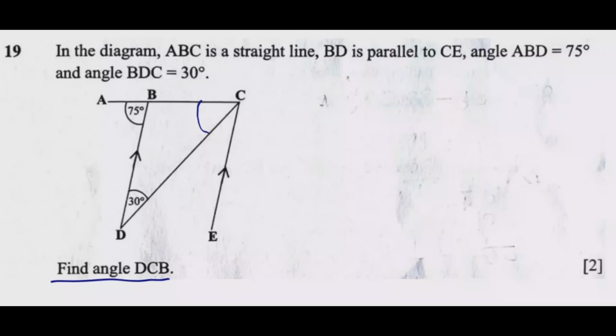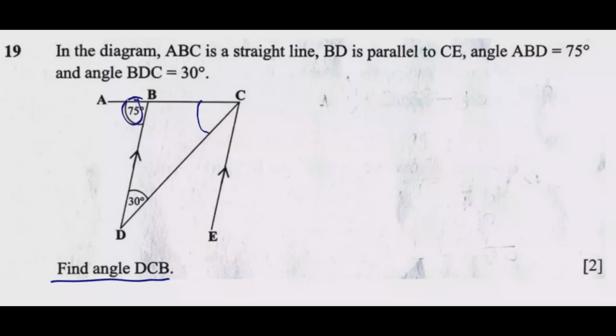There are two properties that we can use. This angle here. Two opposite angles are equal. In a triangle, two exterior angles are equal.